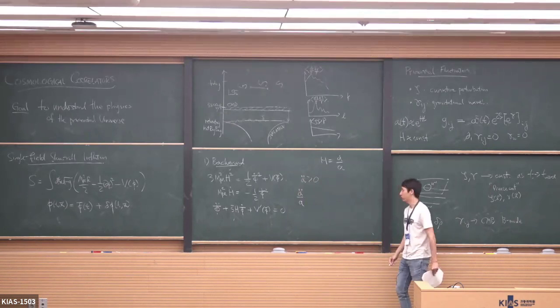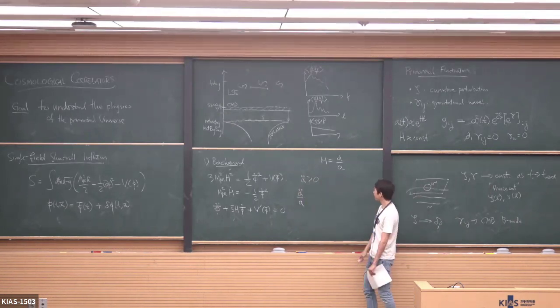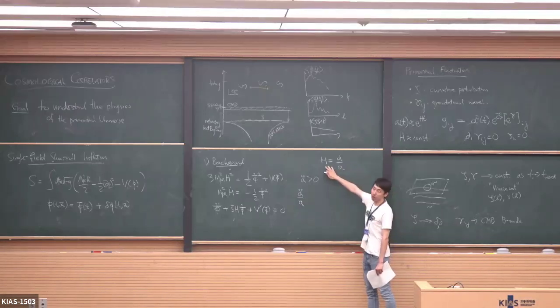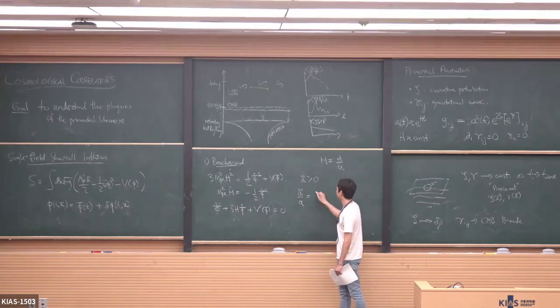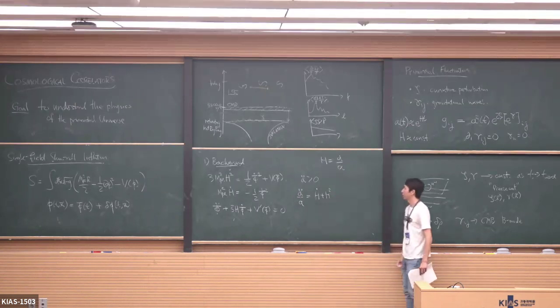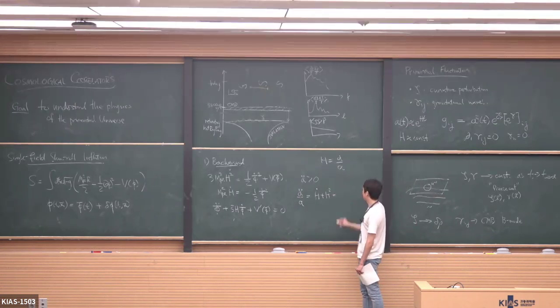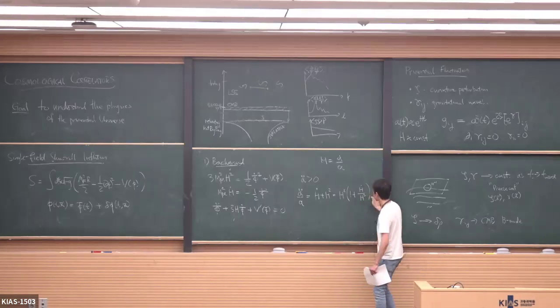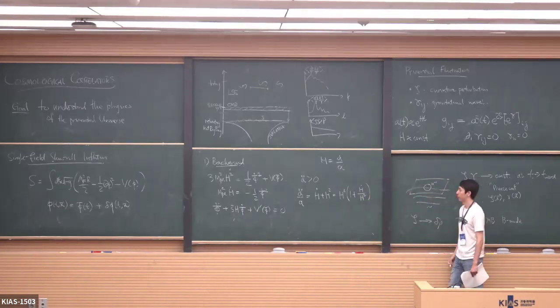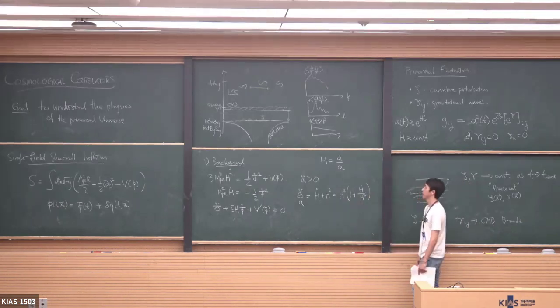Let's consider this ratio a double dot over a. Now, if you take the time derivative of the Hubble, you'll find that this a double dot over a is related to Hubble in this fashion. And you can combine them in this way. Pull out the H squared, and you get this combination in the brackets.